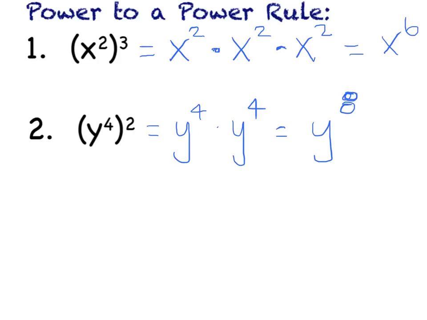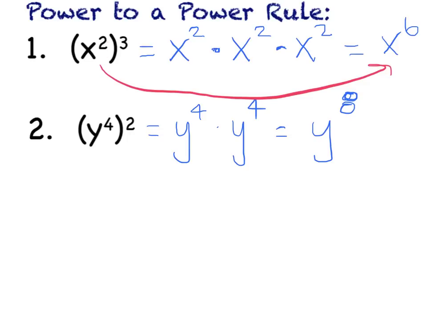Okay, so hopefully you saw some sort of pattern happening here. If I have x squared cubed, my final answer is going to give me x to the power of 6. If I have y to the 4th power squared, I'm going to get y to the 8th. So hopefully you can see that a shortcut when I'm taking a power to a power is to multiply my exponents.